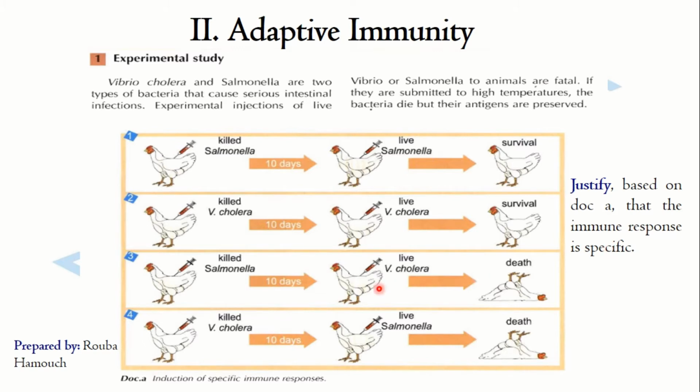Why is the immune response specific according to document A? Since the injection of killed Salmonella leads to a subsequent resistance against live Salmonella, but not against live Vibrio cholera, as shown in experiments 1 and 3, which means that the chicken injected with killed Salmonella is considered vaccinated, triggering an immune response and an immune memory.